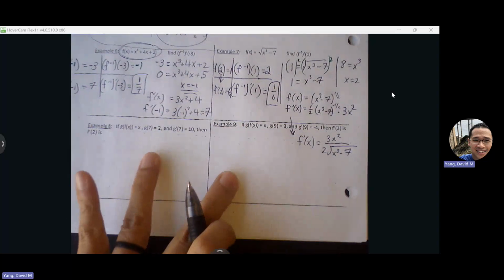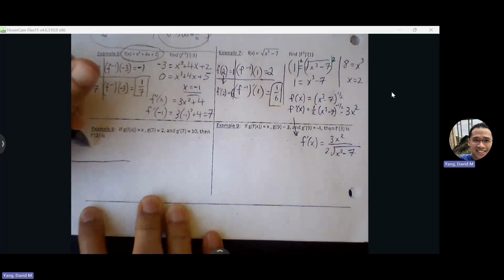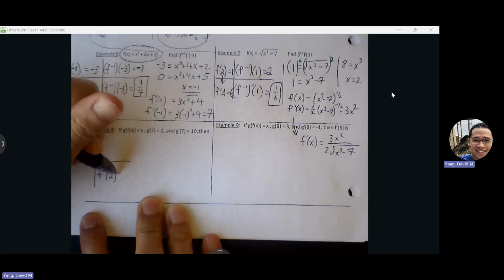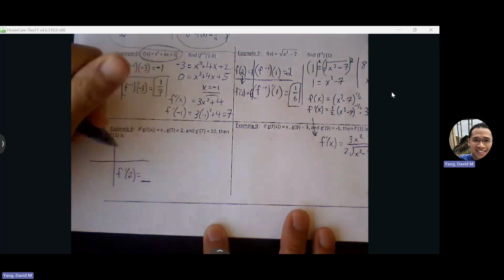The next 2 should be easier because all the data is in front of you. We're just making our way around the chart. Okay, we want to find f prime of 2. Whatever you're looking for, start at the bottom right corner, and you're working your way around the chart.